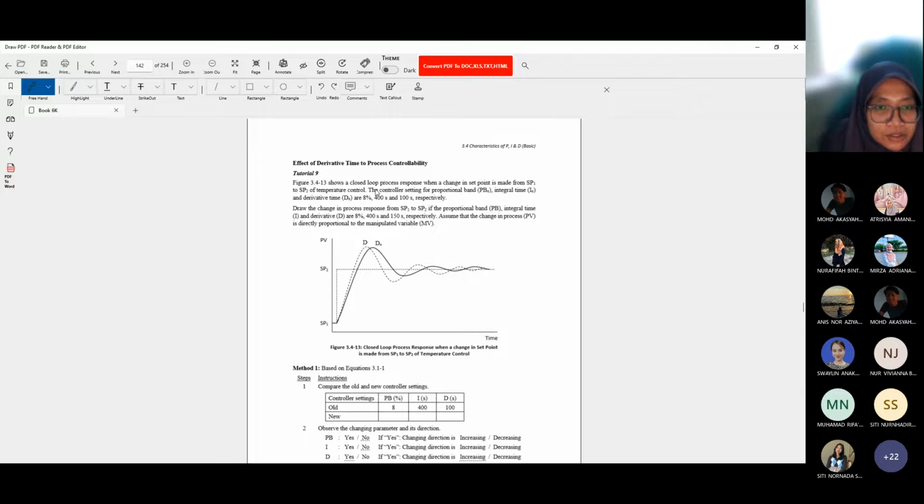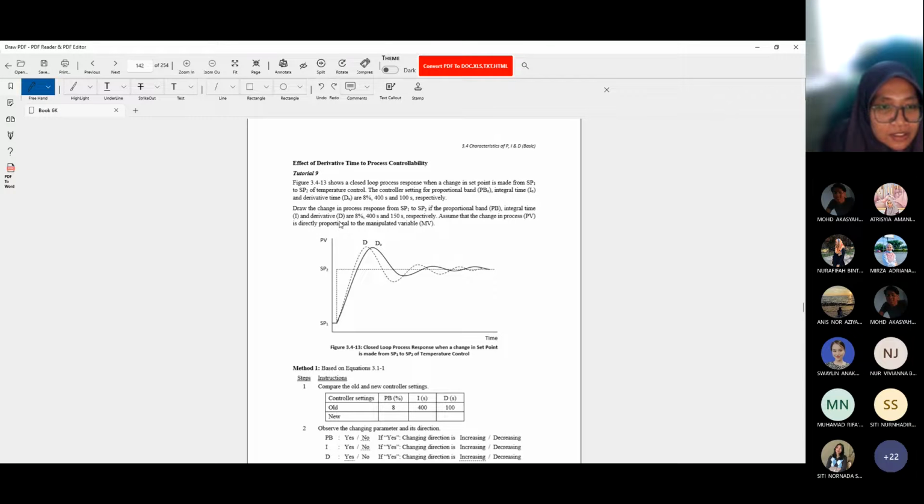Okay, so the original, the old value of PB is 8%, I is 400 second, D is 100 second. For this derivative evaluation, the PB and I remain the same.